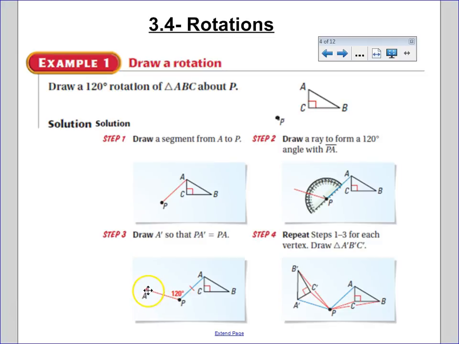You just put the point on however the distance is from PA, make that the same to PA prime, and then you could just erase the rest of that segment. So now we have congruent segments, 120 degree rotation. You then do the same thing with point C and point B. Make those points 120 degrees and equal distant. And then it should appear like it is here.